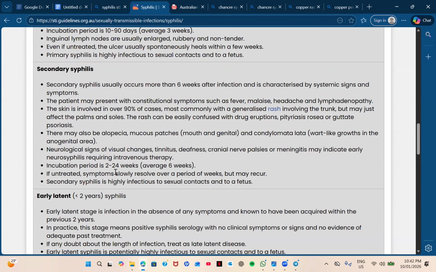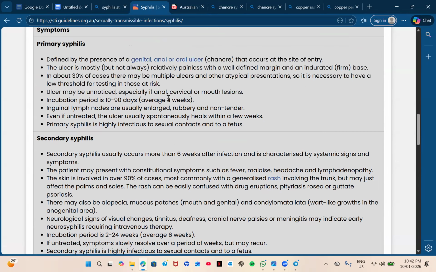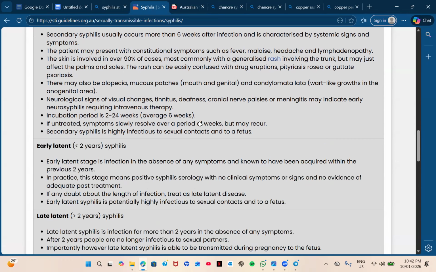Then the incubation period is 2 to 24 weeks, average 6 weeks. So the previous one, the primary, is 3 weeks and the secondary averages 6 weeks. If untreated, symptoms slowly resolve over a period of weeks, but may recur.